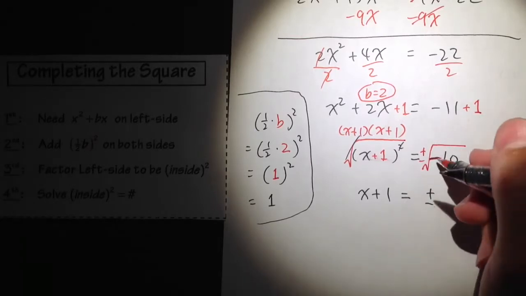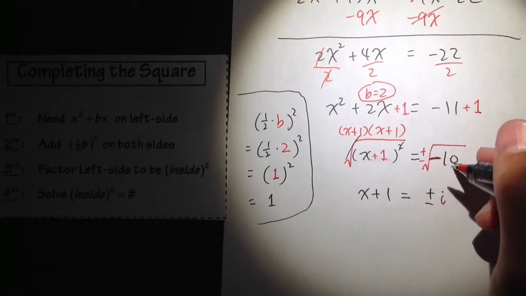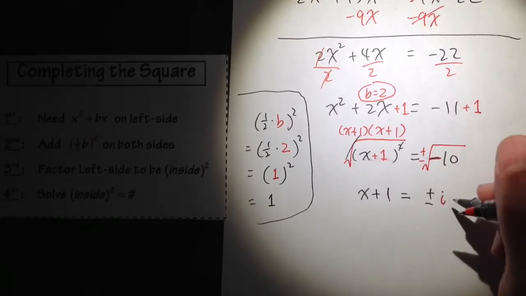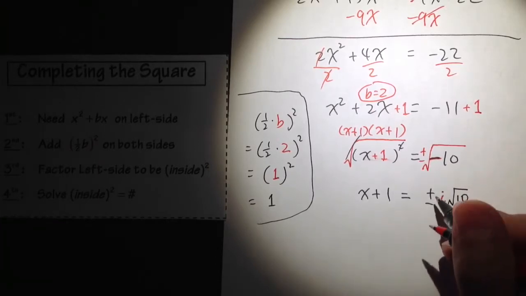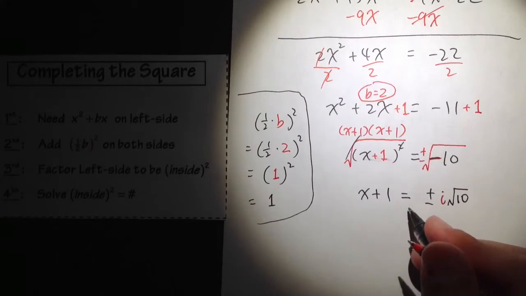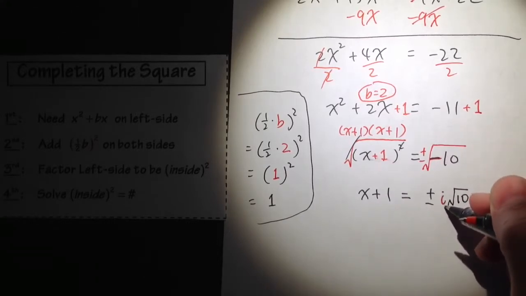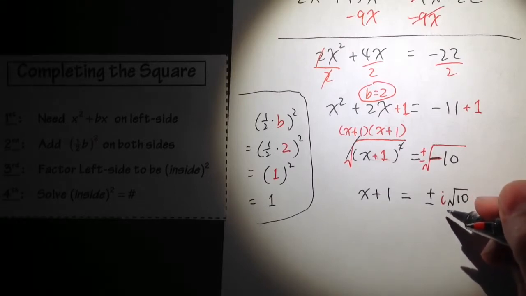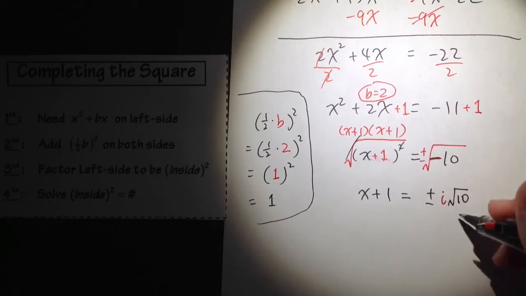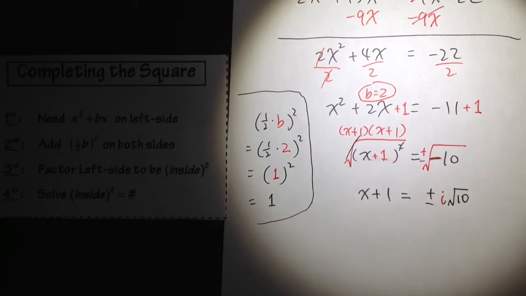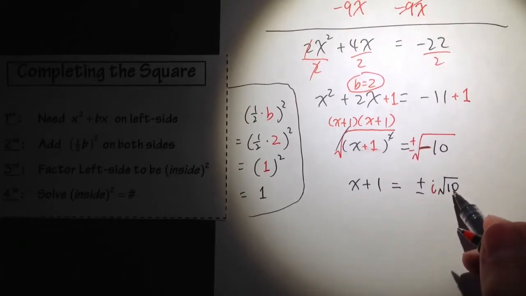This negative becomes an i on the outside, and then square root of 10, it's not a nice number, so we'll maintain that right here. So we'll get x plus 1 equals plus or minus, the negative inside of the square root becomes an i on the outside, the imaginary number i. Square root of 10 stays the same. Okay? x plus 1 is equal to plus or minus i square root of 10.